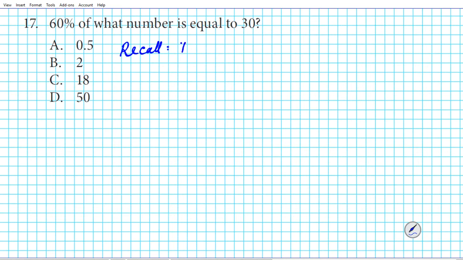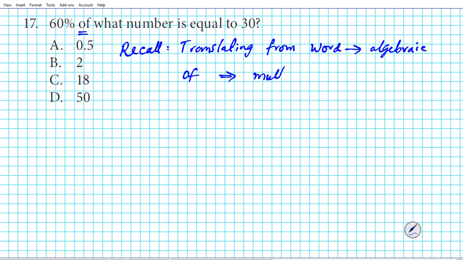What you want to recall when translating from word format to symbols, algebraic, is the meaning of certain keywords. Now of represents an operation. Of represents multiplication. What represents your variable, the unknown.